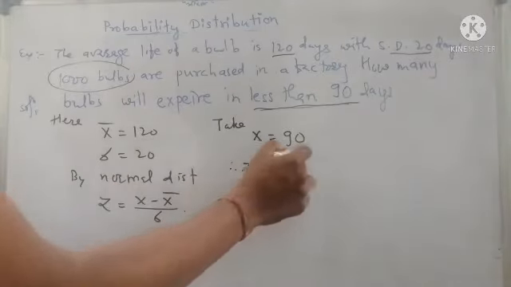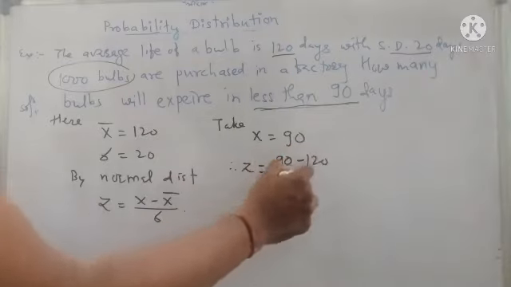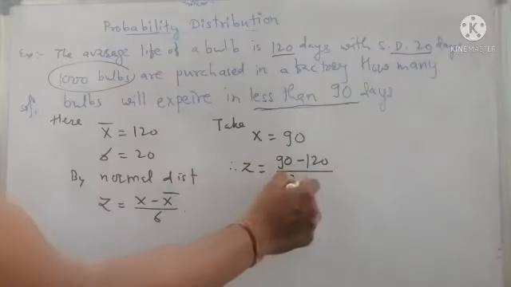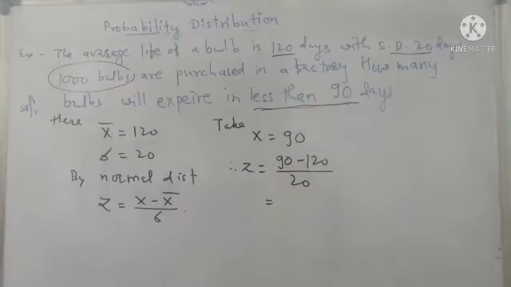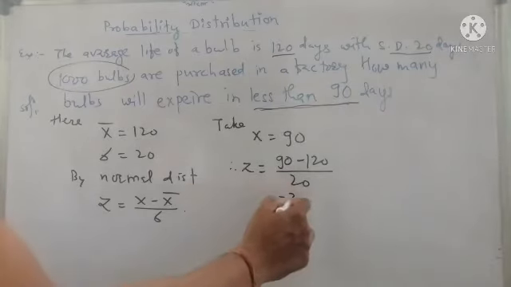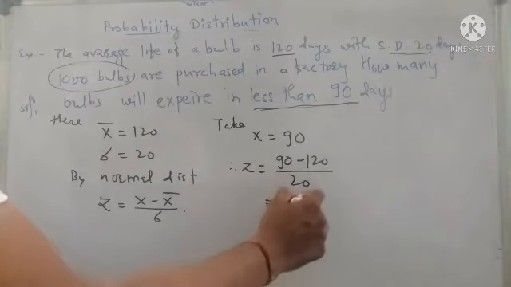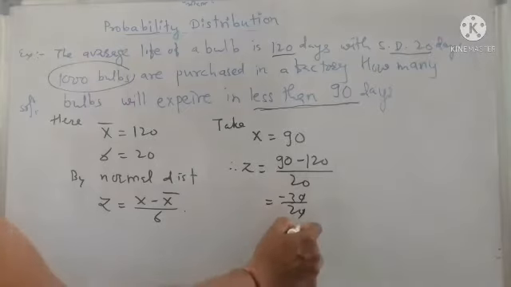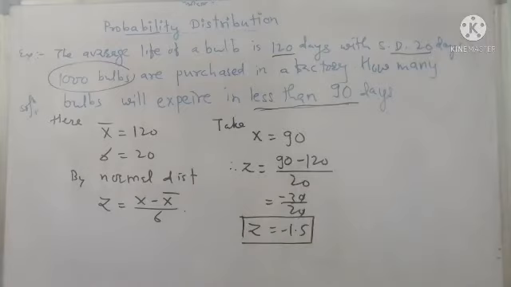So 90 minus x bar, which is 120, divided by sigma, which is here 20. Simplifying, 90 minus 120 is minus 30, divided by 20, the 0 gets cancelled, and we get minus 1.5. So the corresponding normal variable is minus 1.5.